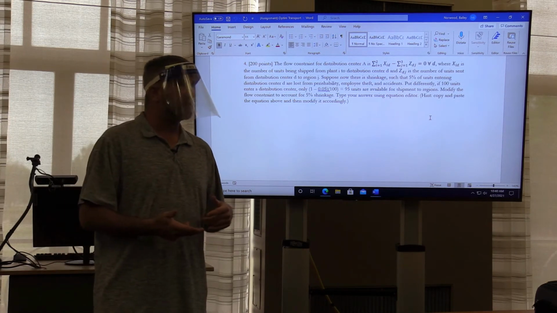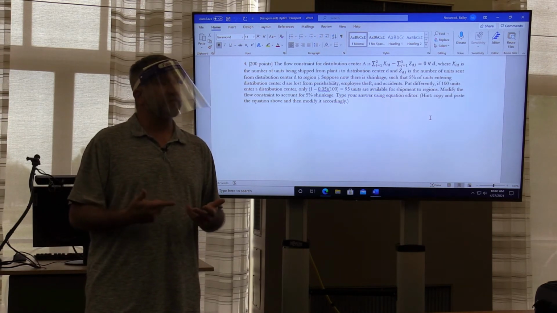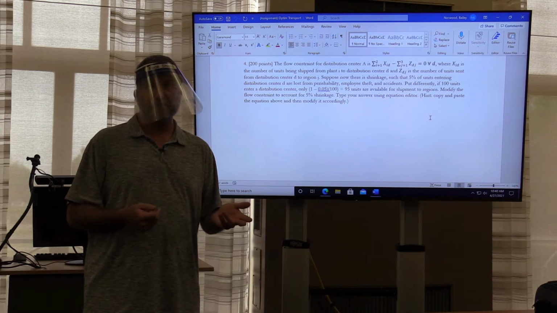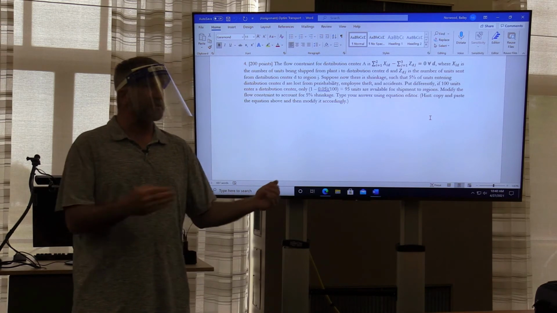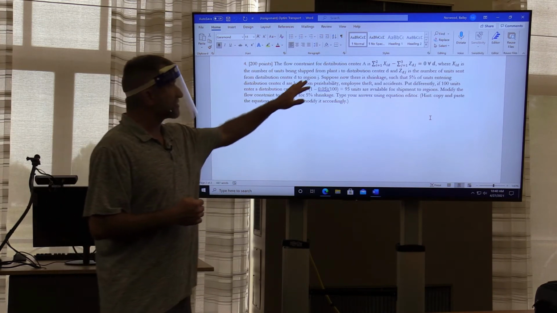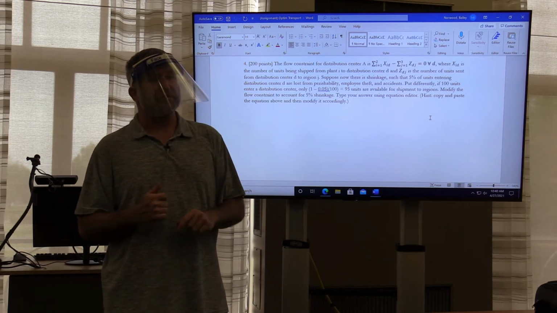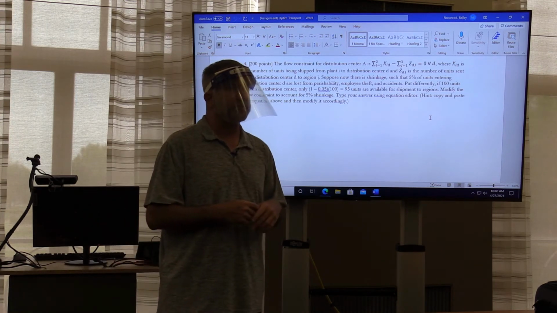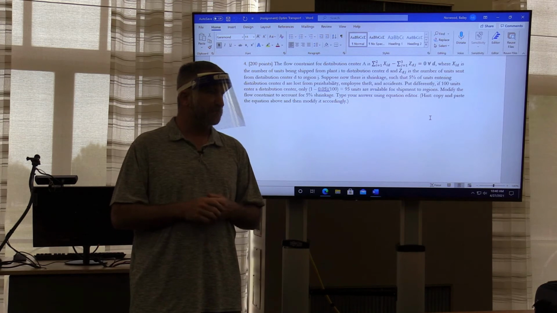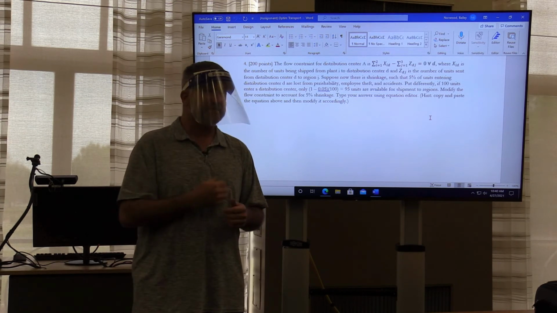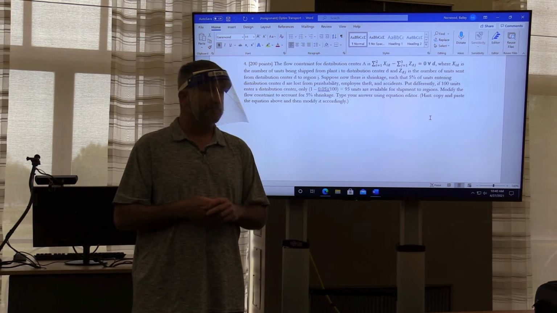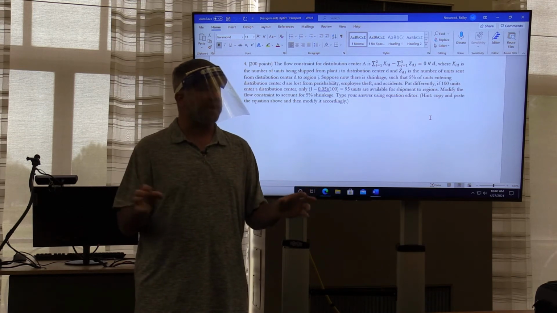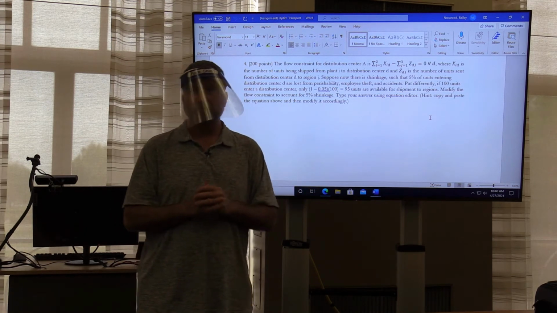You remember we've done shrinkage before in regards to inventory. We had to modify our inventory constraint to account for shrinkage. Now we're just modifying the distribution center flow constraint to account for shrinkage. It just takes a little logic. You don't even really do manipulations of algebra, you just have to make sense of it.